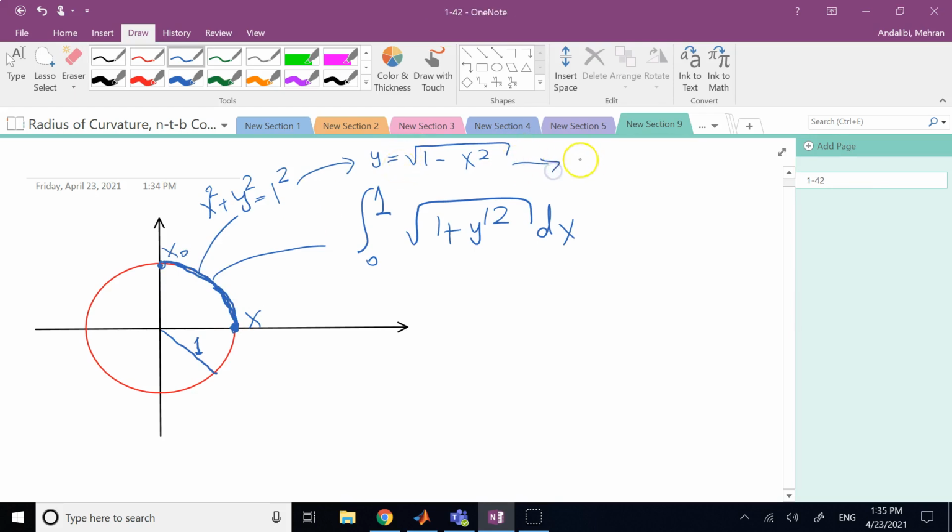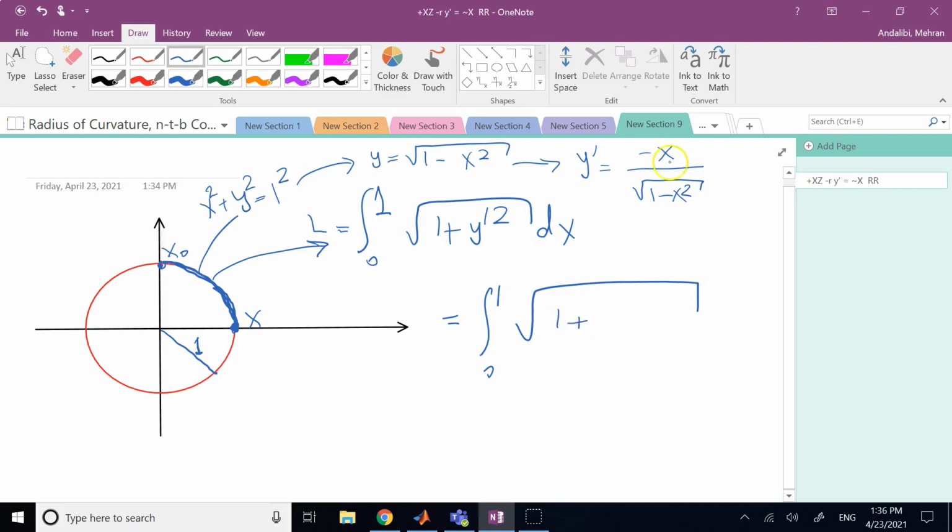And here I need to take a derivative. Y prime is going to be negative x over square root 1 minus x squared, which you know from your calc. So this is going to be equal to integral from 0 to 1 of square root of 1 plus that whole thing squared.